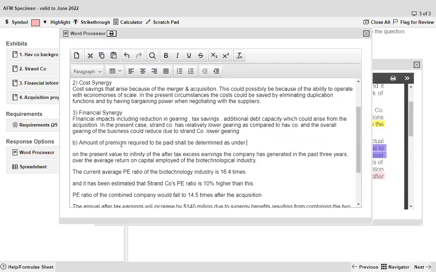In one of the cases it says the present value to infinity of after tax excess earnings. A very important point is excess earnings the company has generated in the past 3 years over the average return on capital employed of the biotech industry.